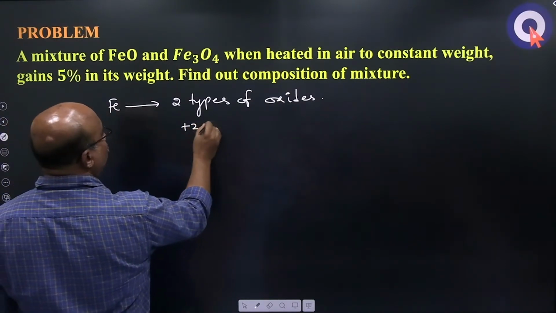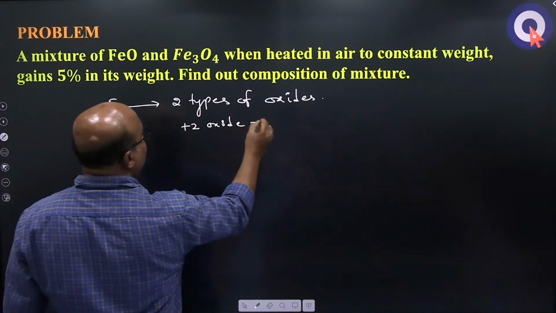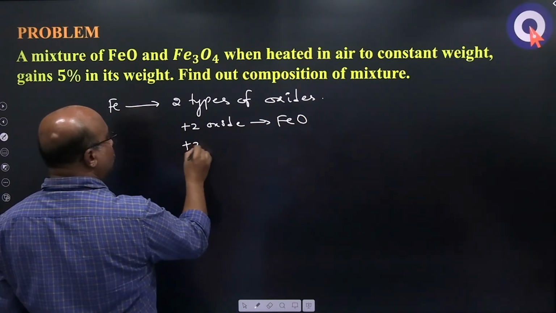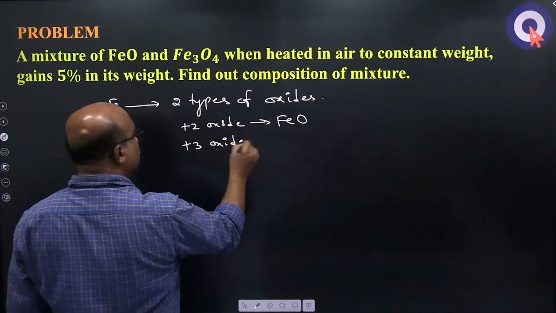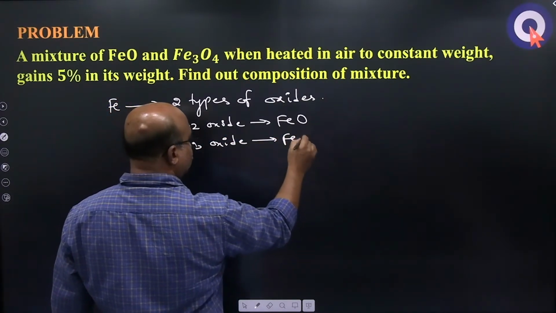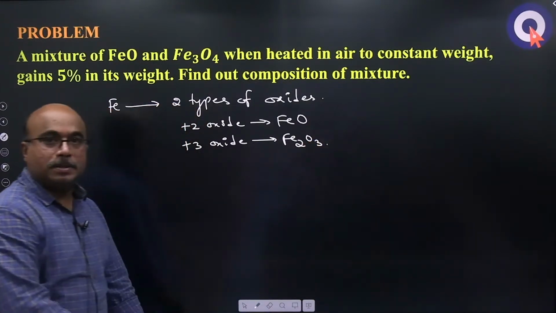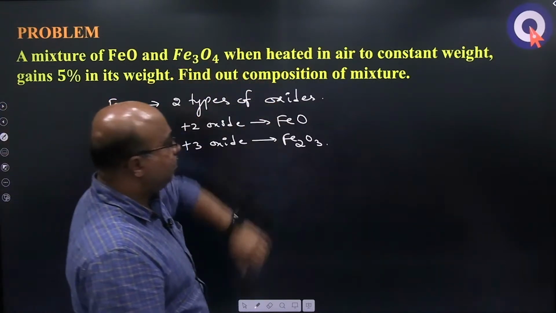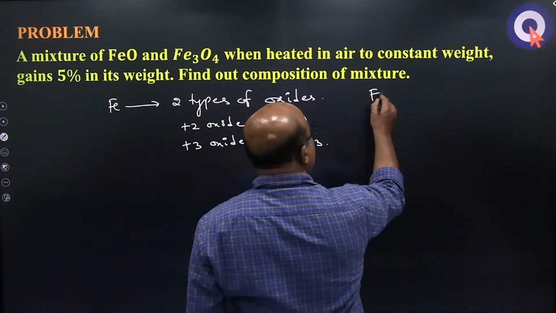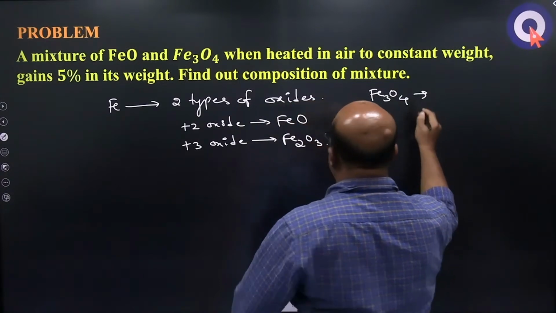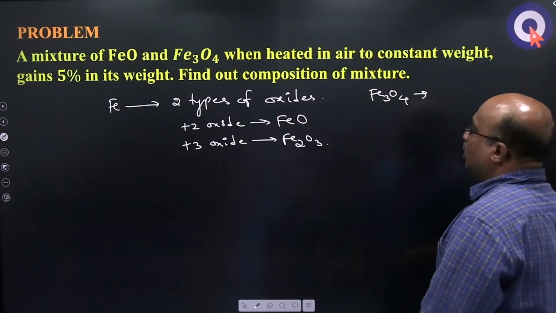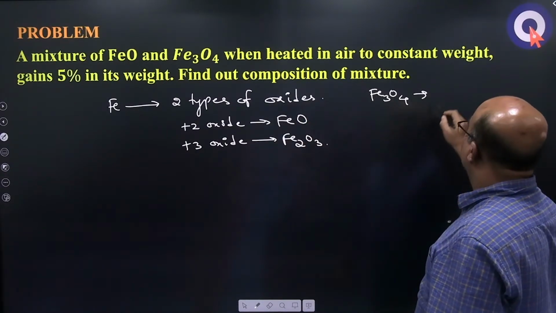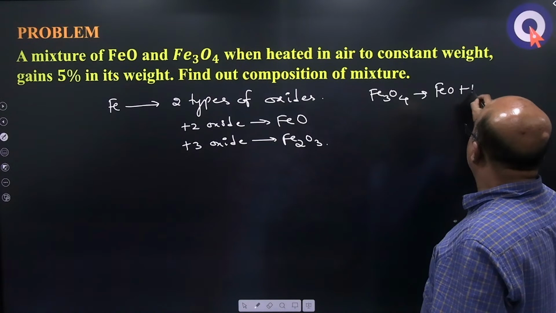The +2 oxide is nothing but FeO, and the +3 oxide has the formula Fe2O3. So what may this Fe3O4 be? Fe3O4 may be a mixture of these. In what ratio should they be mixed? 1:1 maybe. So then it is nothing but a mixture of FeO plus Fe2O3.